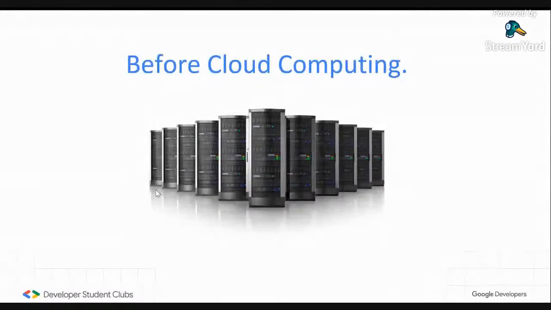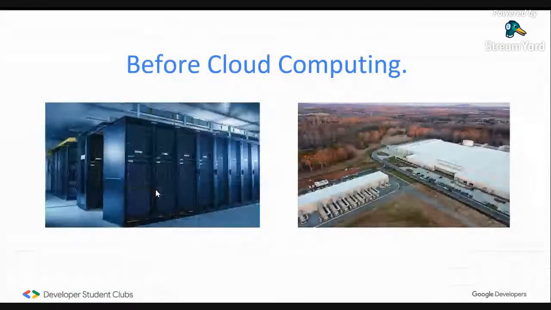Consider another scenario. What if your application gains international attention? Then the number of visitors to your application increases exponentially. So what firms did in the bygone days is start to set up data centers. Rather than setting up a handful of servers, they would set up data centers. So what is a data center?